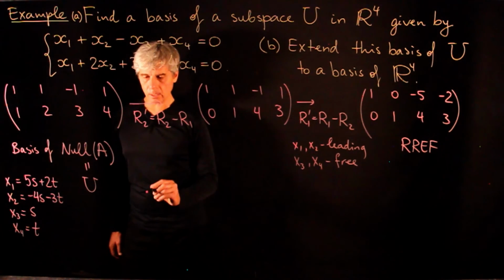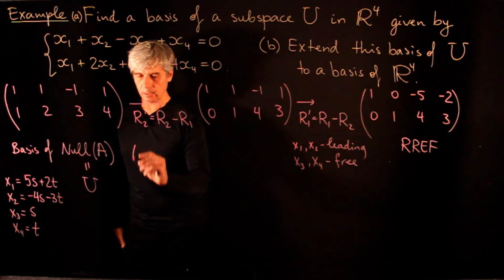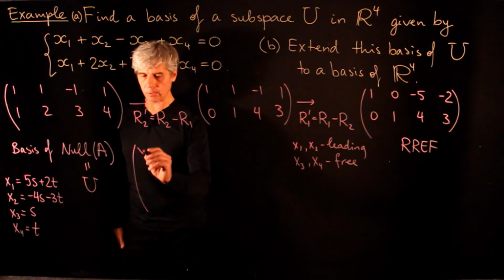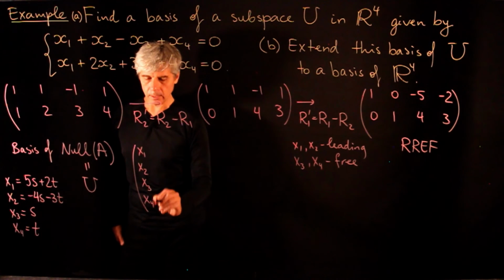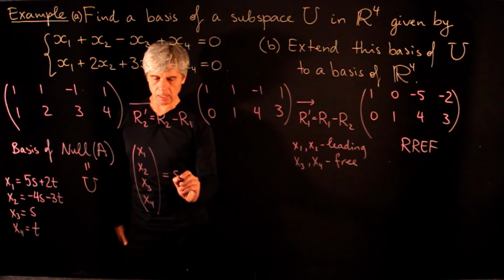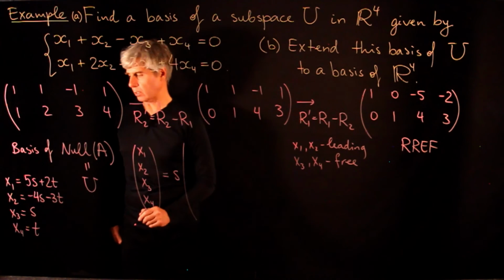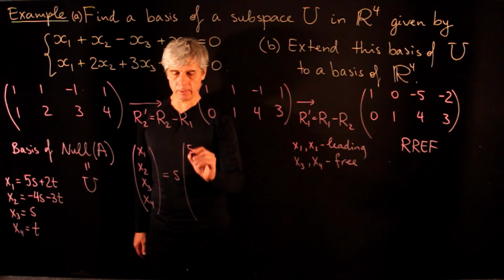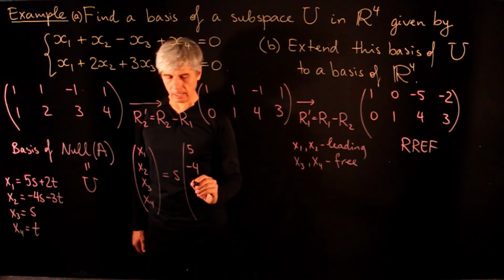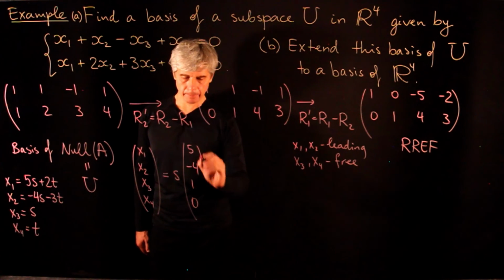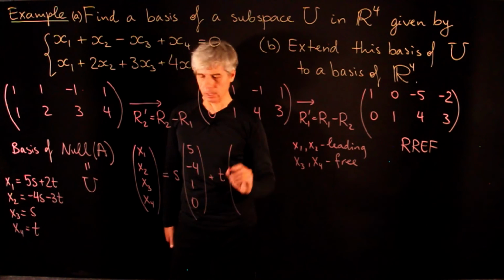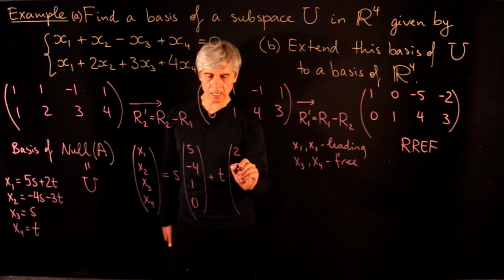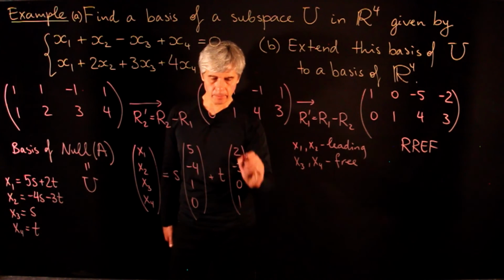And so if we write this in the vector form, x1, x2, x3, x4, the s vector is going to be 5, negative 4, 1, 0, and the t vector is going to be 2, negative 3, 0, 1.